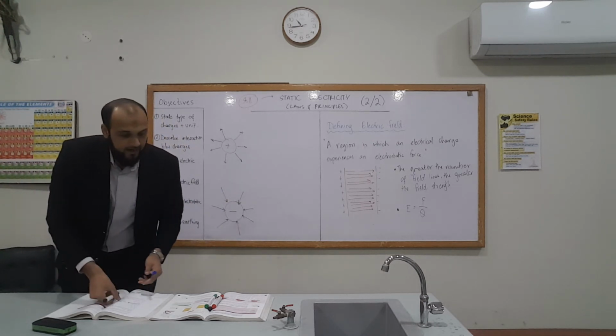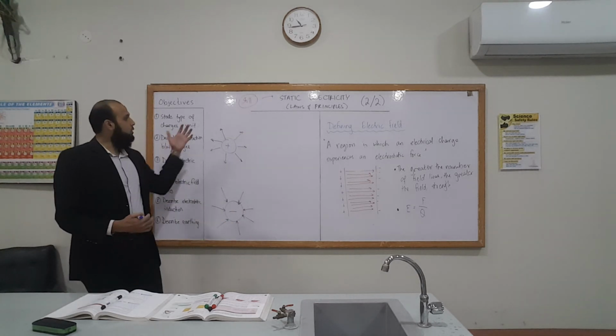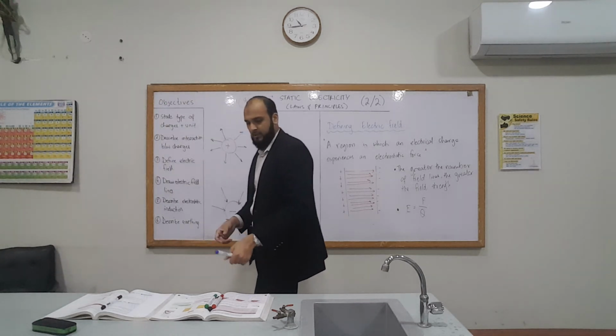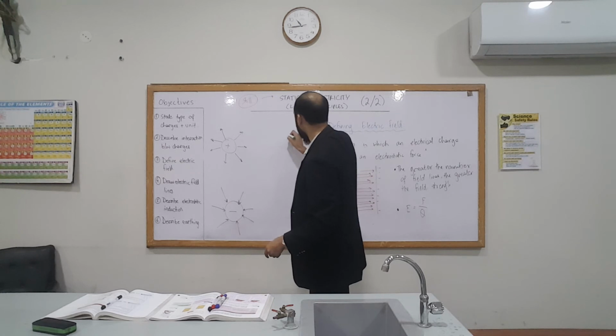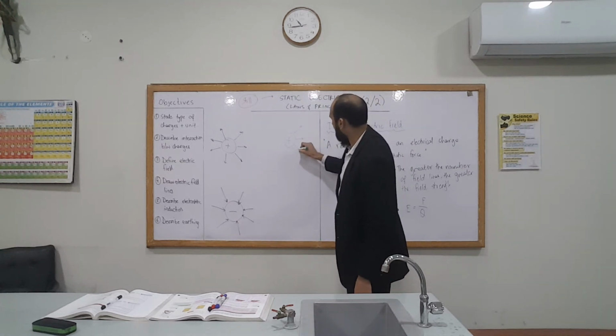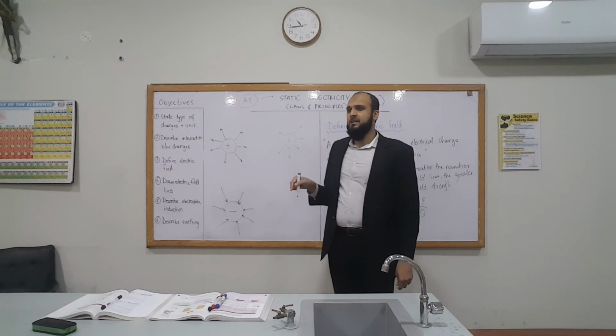But what if that isolated charge is placed next to another charge. Let's make that an isolated positive charge as well. तो इधर भी एक positive charge है and there are field lines coming out of it. This one doesn't want to accept any field lines.